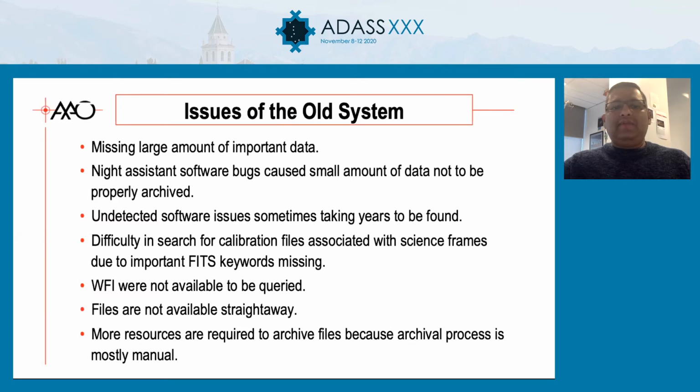And then we had difficulty searching for calibration files associated with the science frames, because not all the FITS keywords are ingested into the database, and some FITS keywords were actually missing, and wide field images were not available to be queried, and files are not available straight away because there is a lag of about 24 hours for them to be available. And this entire process was labor intensive and took a lot of resources to be managed.